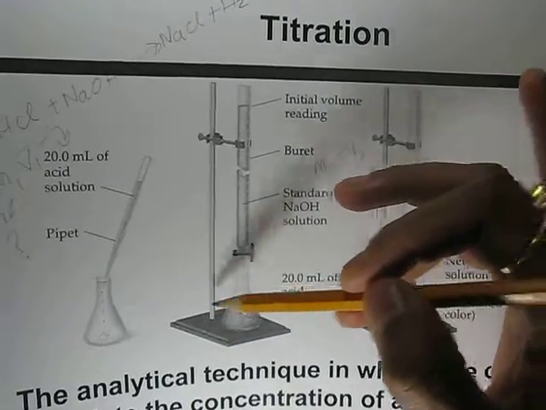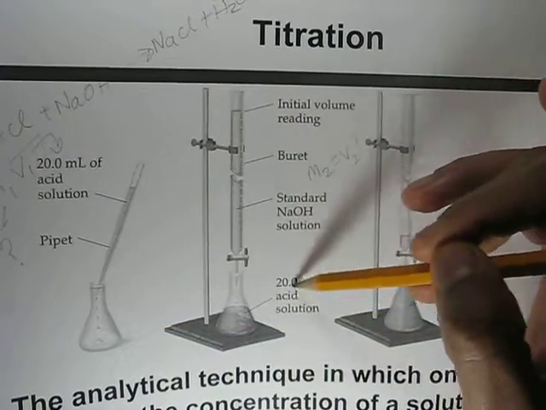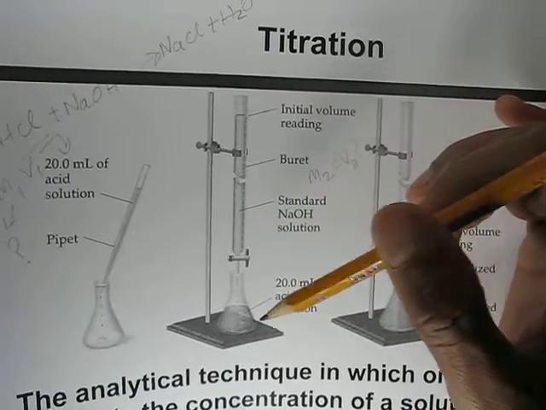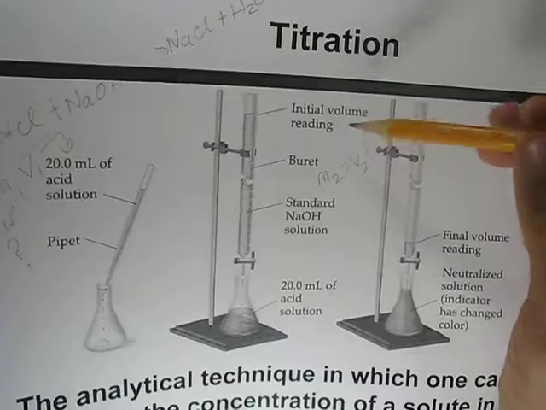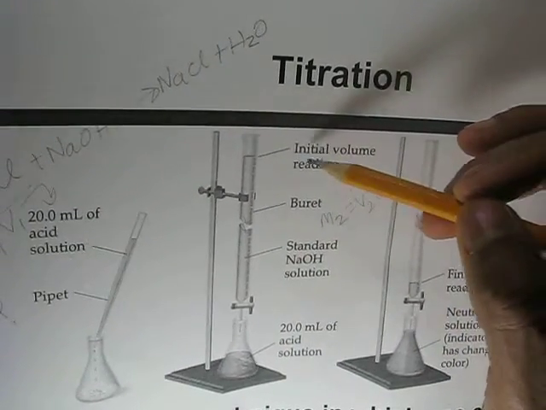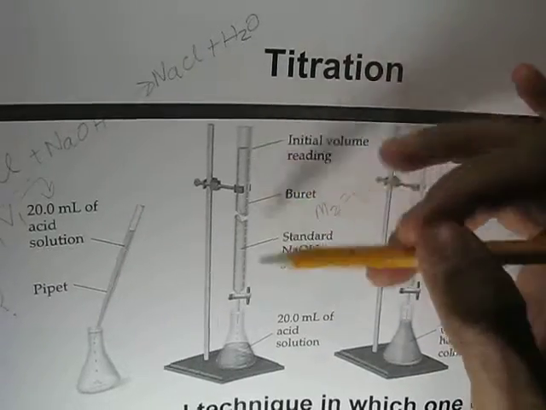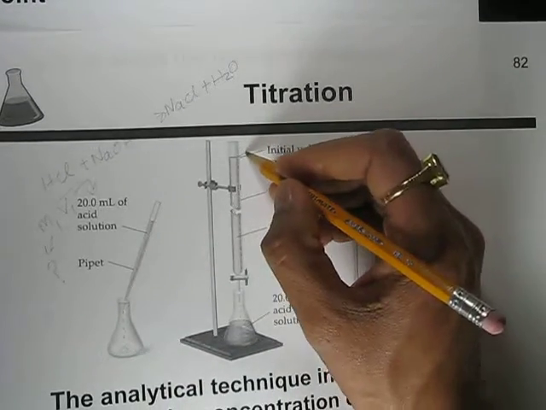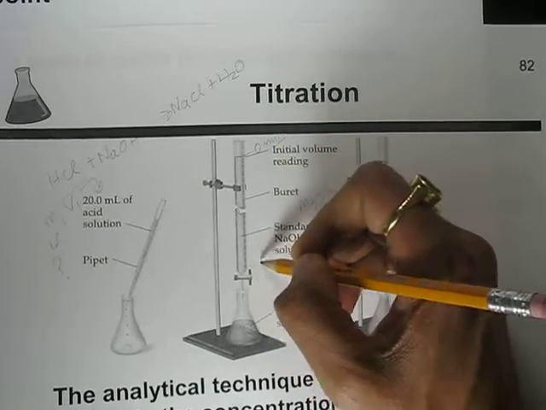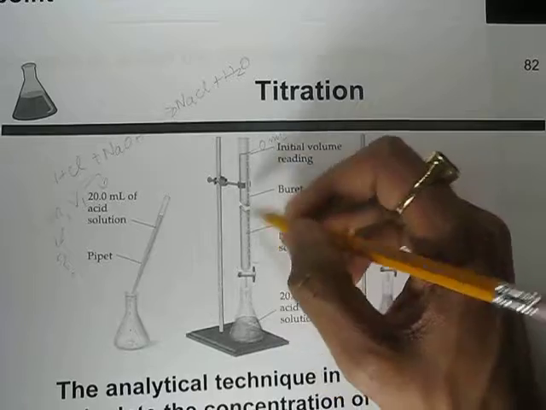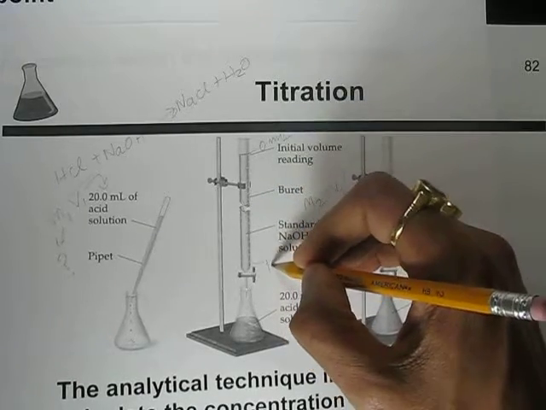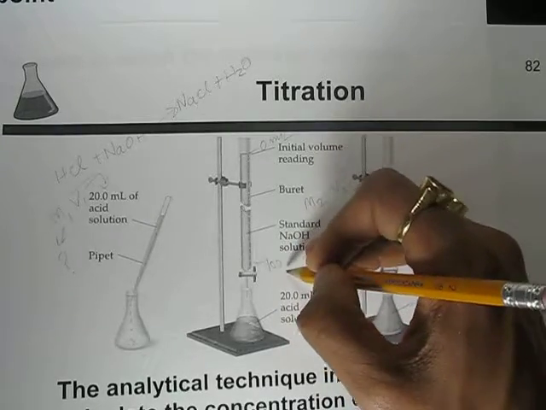So we take the 20 ml HCl in the conical flask, and then add a few drops of indicator. Once the sodium hydroxide standard solution is filled, it is usually written as 0 ml at the top, and the bottom will be probably 100 ml or 50 ml, depending on the volume of the burette. Suppose this is 100 ml.